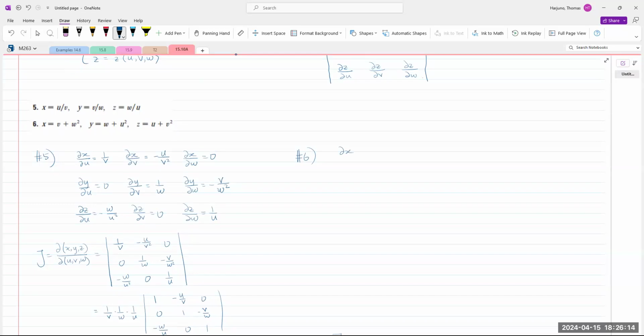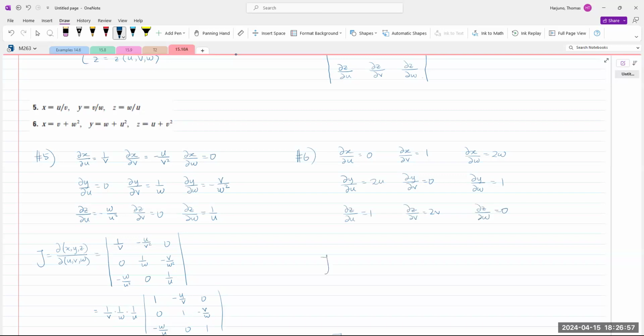So ∂x/∂u is 0. ∂x/∂phi is 1. ∂x/∂w is 2w. ∂y/∂u is 2u. ∂y/∂phi is 0. ∂y/∂w is 1. ∂z/∂u is 1. ∂z/∂phi is 2v. ∂z/∂w is 0.